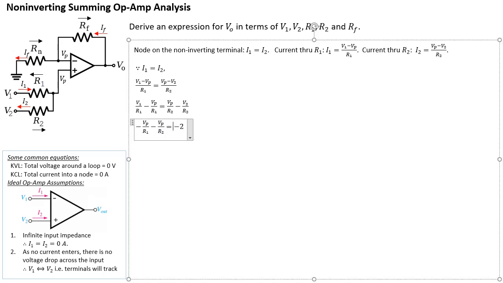All of that on the left will be equal to everything on the right. Here I'm moving V1 over R1 to the right-hand side. So you're going to get the original V2 divided by R2, and I'll put my minus V1 divided by R1 first, minus this.